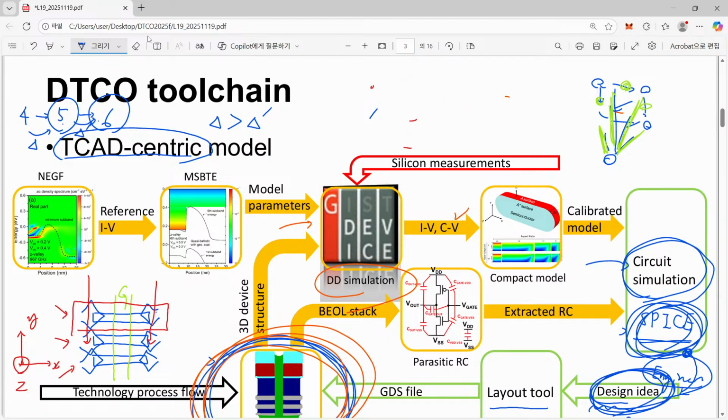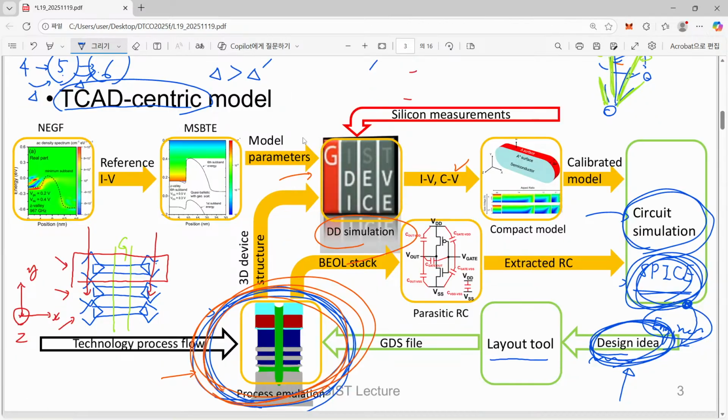Once we have this working, after spending several hours, what we get is simply these IV characteristics, ID versus VG, or ID versus VD.